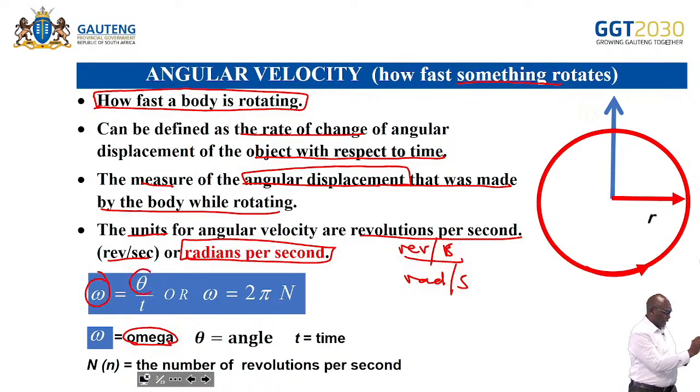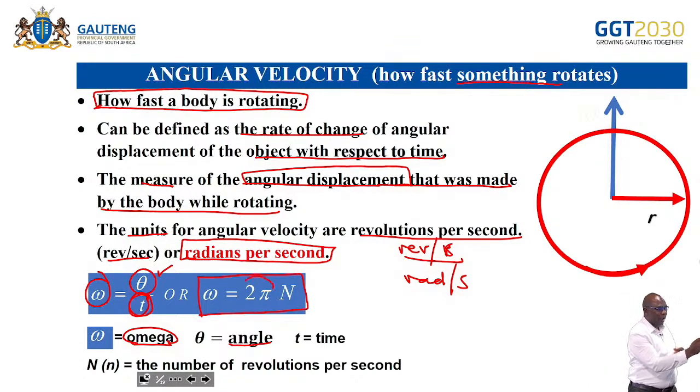The other thing that we have there is theta, which is an angle, and that angle will be in radians, over t. So this is one formula that we can use. When do we use this formula? When I'm given the angle of rotation, and I'm also given the time that it takes for that object to rotate.